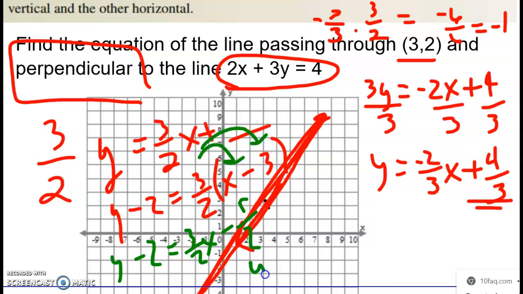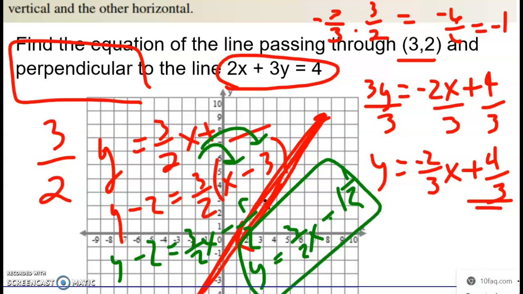I'm going to add 2, so that gives me y equals 3/2 x. Let's see, I have -9/2 plus 2, okay? -4.5, basically, plus 2. So that's going to give me -1.5. So my equation is y equals 3/2 x minus 1.5, which makes sense. That I'd be about down to -1.5 for the y-intercept.